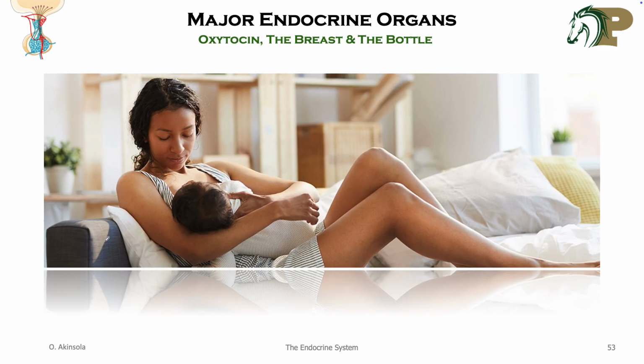I just want to include this slide here to talk about oxytocin and its role in breastfeeding. One of the things that healthcare professionals will talk about when a new mom has given birth to a baby is they will ask whether or not the mother is going to breastfeed or bottle feed.